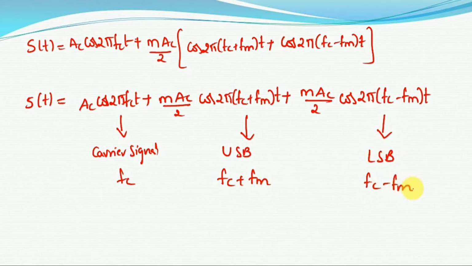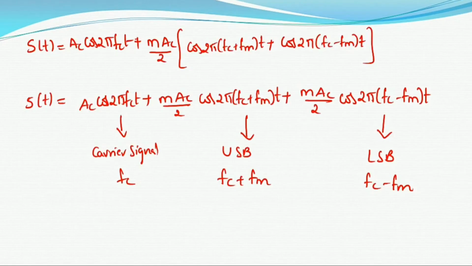Now let us see how to draw the frequency spectrum. In order to draw the frequency spectrum, first we have to find the Fourier transform of S of t. If I apply the Fourier transform, the final expression will consist of only cosinusoidal signals.